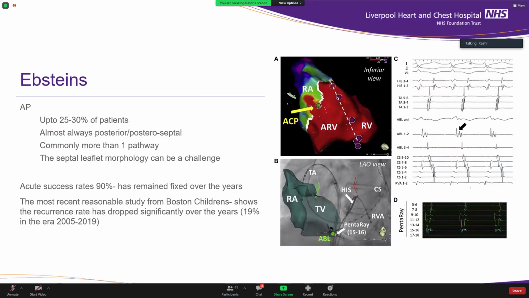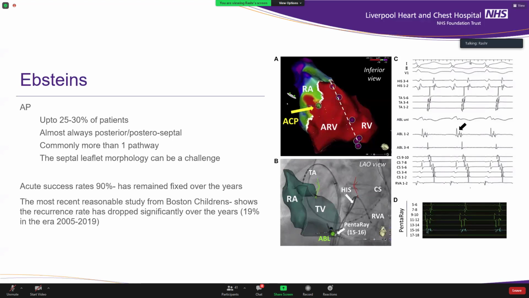So that brings us into what's normally the biggest problem in childhood for these patients: accessory pathways. We would see this in about 25 to 30% of patients, and it's almost all right-sided, posterior and posteroseptal. Most commonly you'd see more than one pathway, and it can be quite a wide spectrum of pathway fibers.